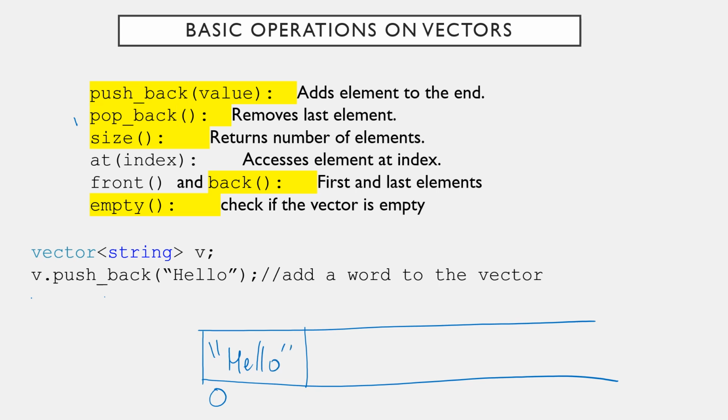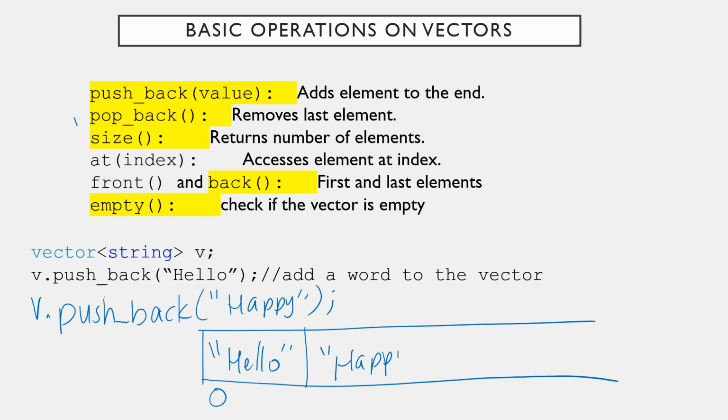Then if I said v.push_back happy, then it's going to put happy here. You can see that this is just like an array of strings, only it's a special library that manages growing for you as long as you properly use the push_back.